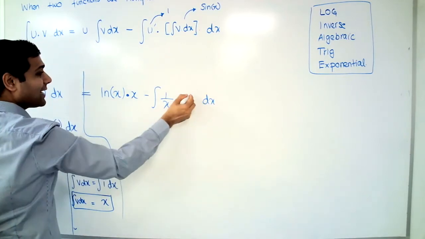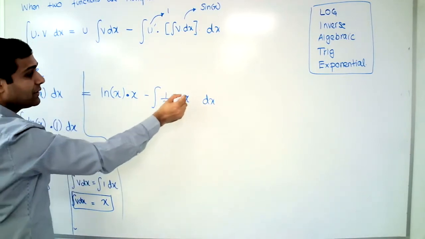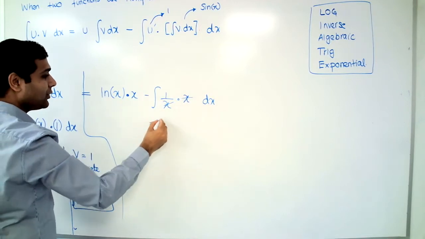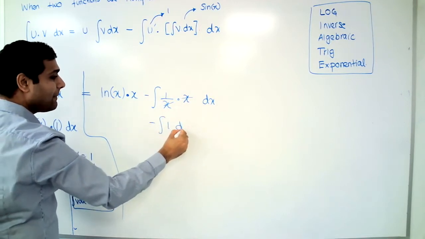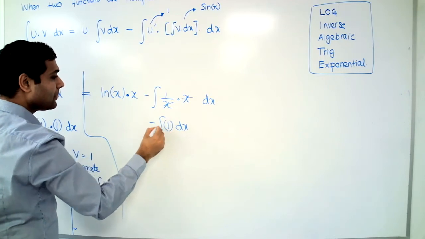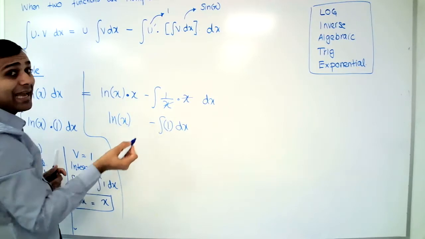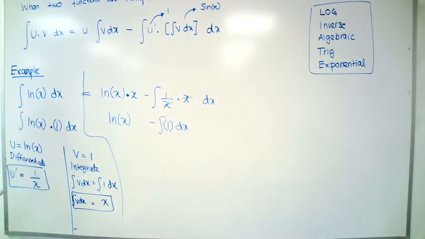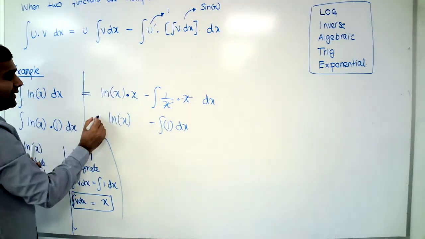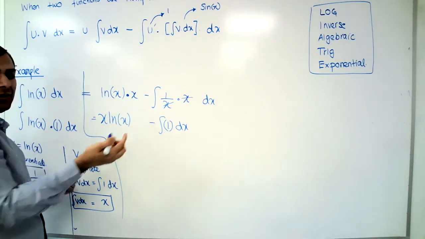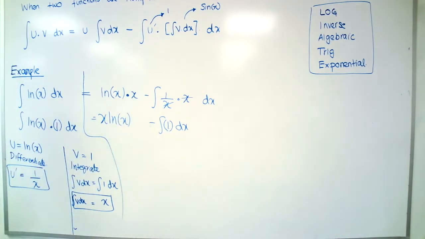Now this x and this x, we can cancel them out. Cancel, cancel. So here you got just a 1. And here you got ln x dot x. Usually the real way of writing this one is we write the x in the front. It looks nice, because otherwise I would say ln x squared.